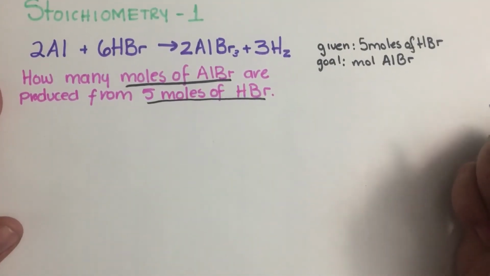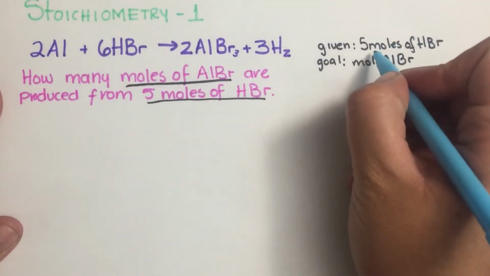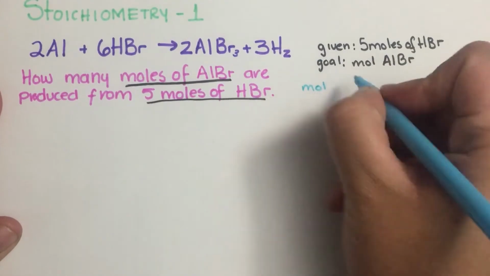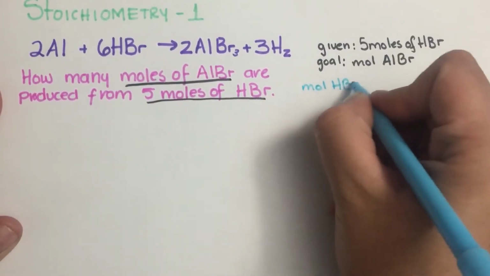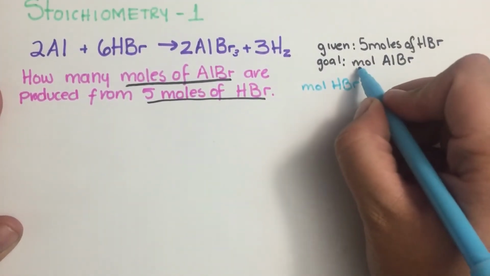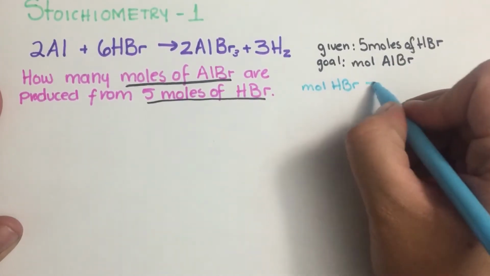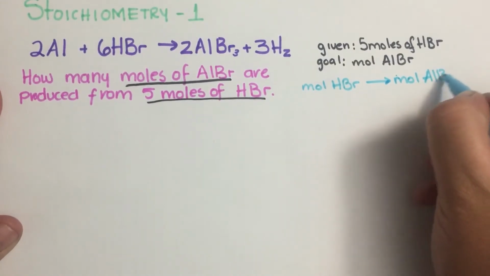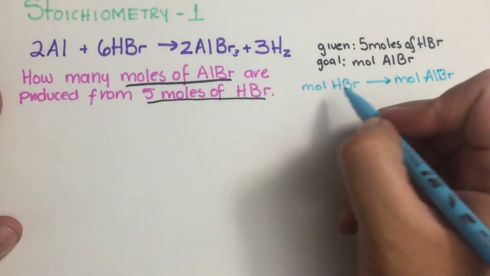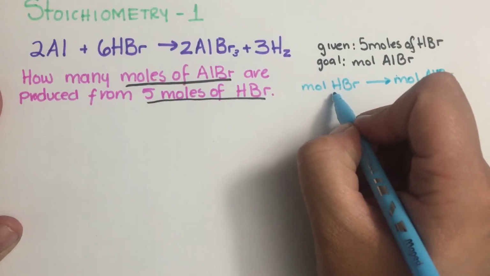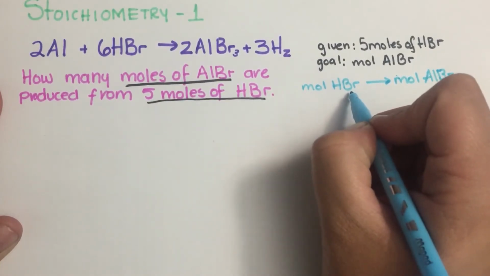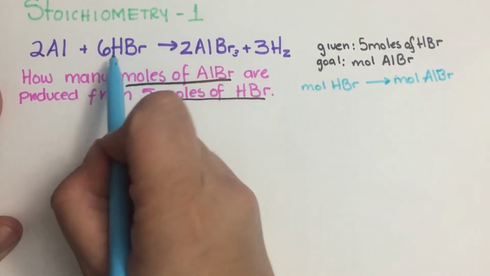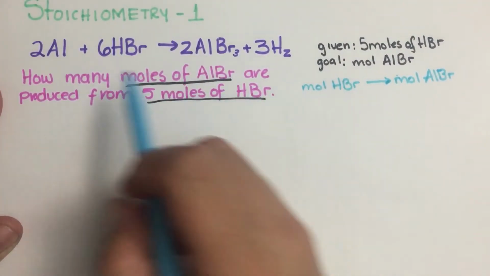Let's organize our procedure. If we're starting in moles of hydrogen bromide, then you must go to moles of aluminum bromide. Why can we not do this directly? When you exchange between compounds, like in this case hydrogen bromide and aluminum bromide, if you notice they are different, you must use your chemical equation.